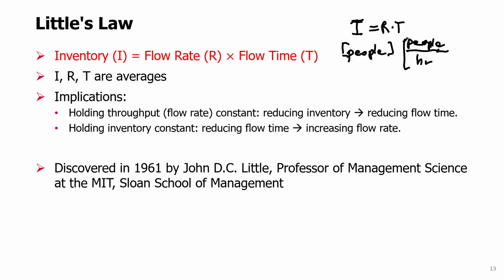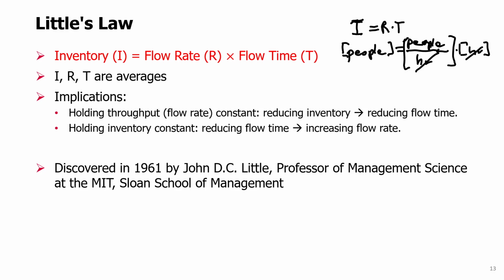And the unit of time will be just hours. So if you multiply people per hour times hours, the hours can be simplified, and then the units on the left and the right-hand side agree.